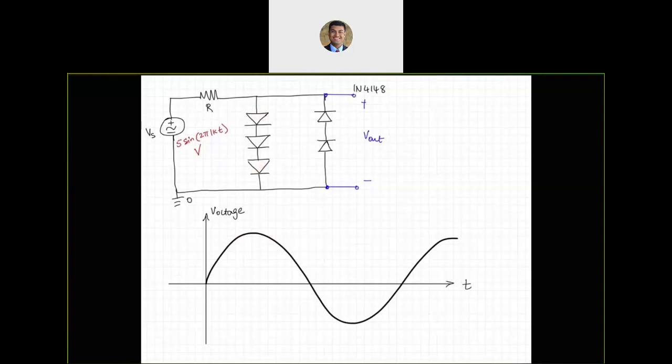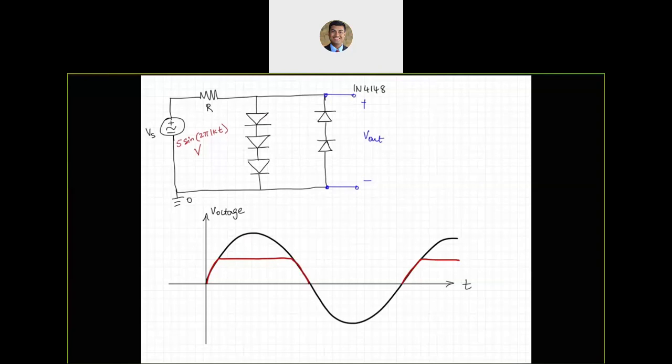So if I'm measuring V out on the positive side, it is going to limit, keyword limit, to 2.1 volts. So it's going to rise up and at 2.1 it is going to flatten out. Same thing over here, 2.1 volts is going to flatten out.